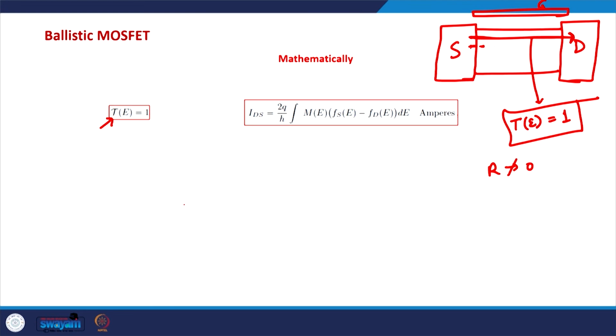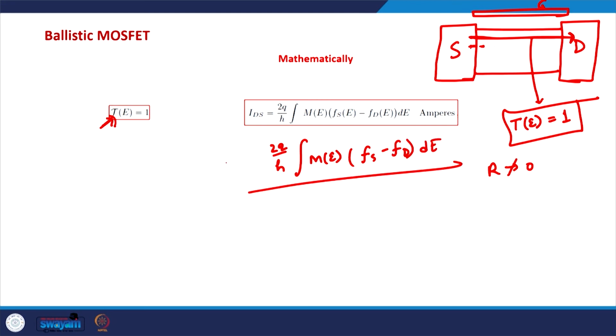So, the current expression, by putting T(E) equal to 1 in the Landauer formalism, becomes (2q/h) ∫ M(E) [Fs(E) − Fd(E)] dE. This is the drain current in a ballistic MOSFET.